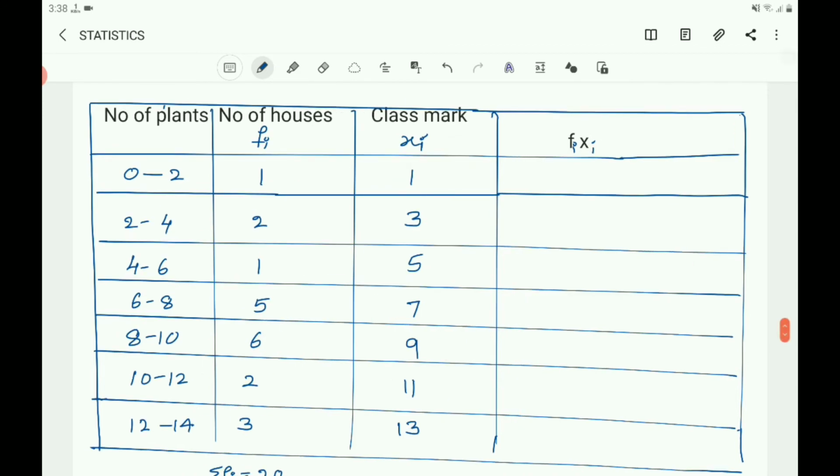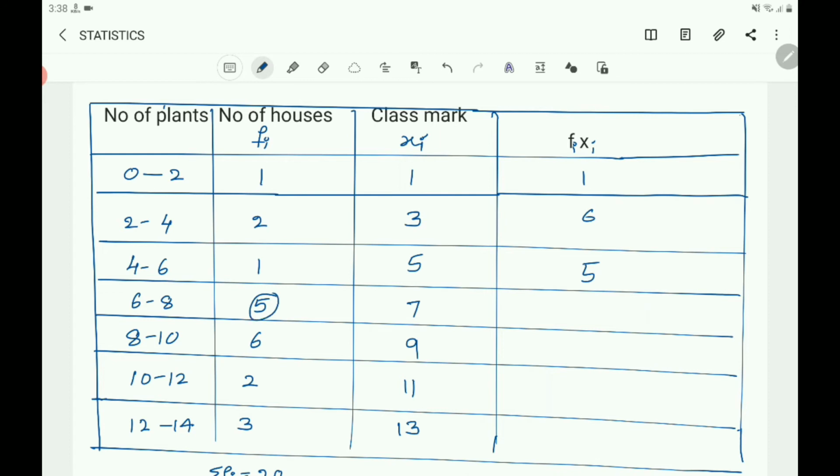Now you find fi into xi. That is this into this. 1 into 1 equals 1. 2 into 3 equals 6. Next 1 into 5, directly you can write because it is a simple product, 1 into 5 is 5.